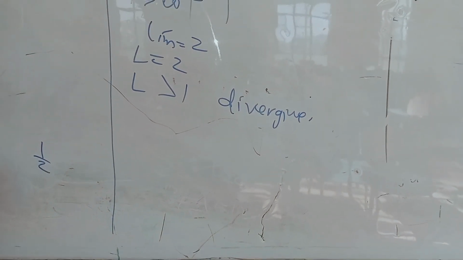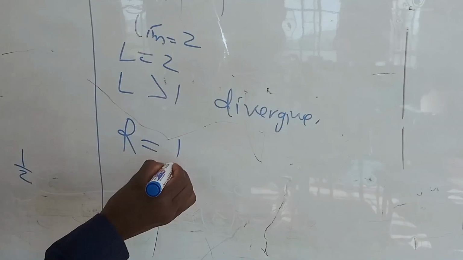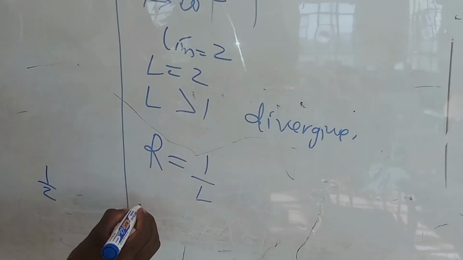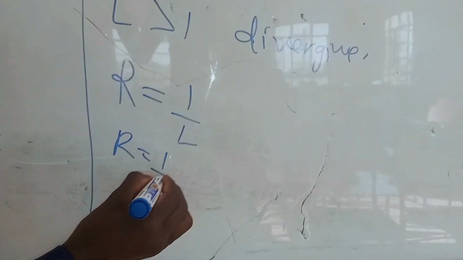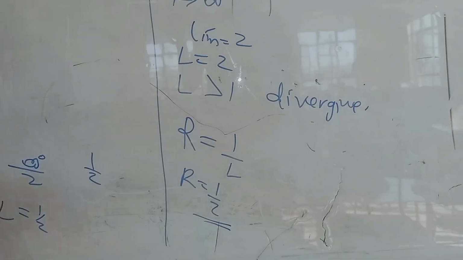It is diverging. So for the radius, we said the radius is 1 over the limit, and if the limit is 2, then the radius will be 1 divided by 2, which is half.